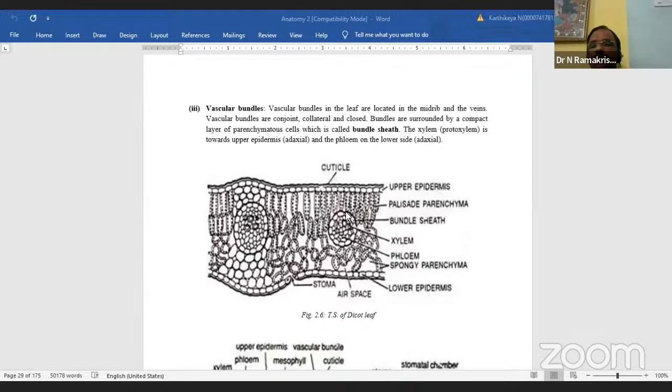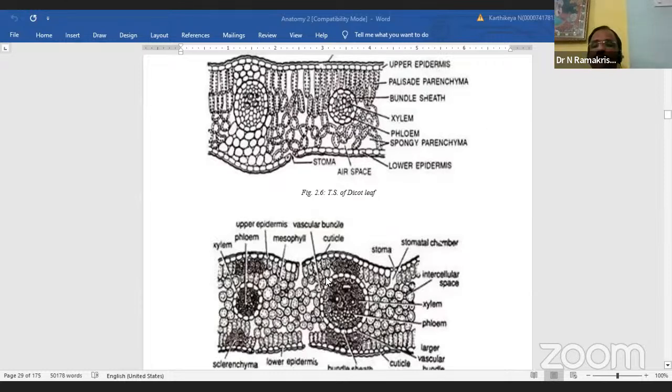In the monocot mesophyll, the arrangement is very close. In the dicot, there is a little gap. From one cell to another cell, here we see a gap, and here no gap.